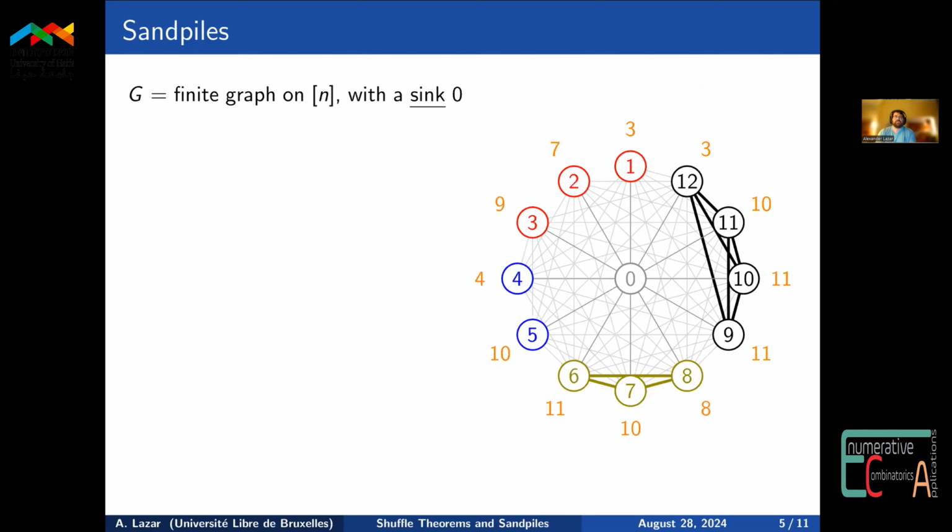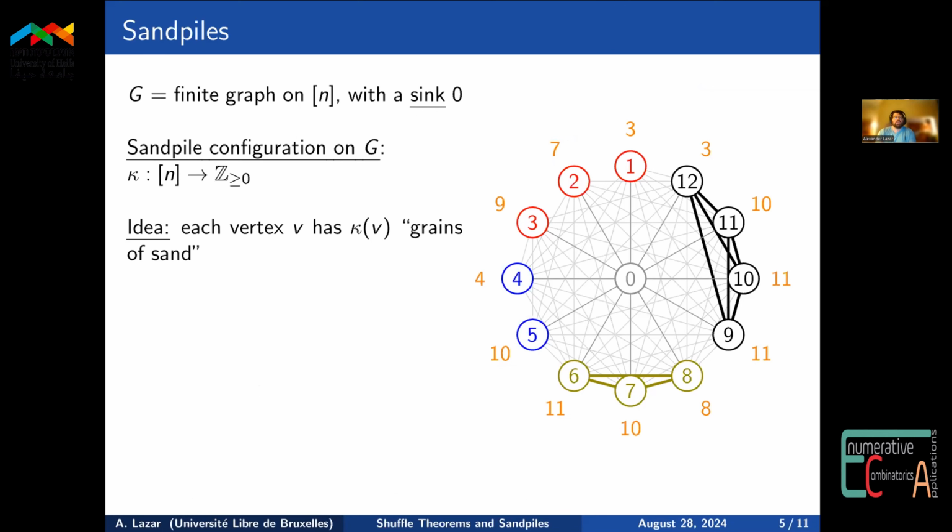So we'll let G be a finite graph on vertex set 1 through n, and it'll have a sink 0. And a sandpile configuration is just going to be a map from the non-sink vertices to the non-negative integers. So you can just think of this as giving kappa of v many grains of sand to each vertex.